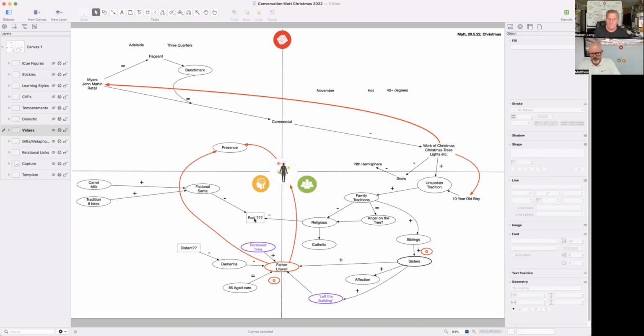So see, the box designates what I was thinking, not the circles, which designate what you were thinking. And what I was thinking about this, and I would ask you in another conversation, is how do you reconcile the idea of an angel on a tree, which comes from the Northern Hemisphere about snow, which has no connection to Australia at all?